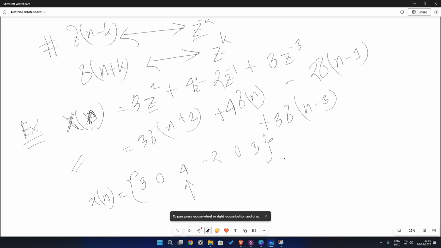Why? Because here we can see 4, nothing here, so this will be z to the power 0. So here we can see n equal to 0, this will be the starting point. In the left part it will be minus 1, the negative parts, and in the right part it will be the positive parts, plus 1, plus 2, plus 3. So this is the answer.